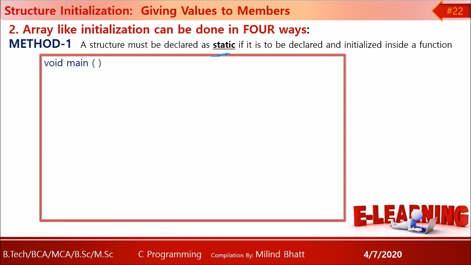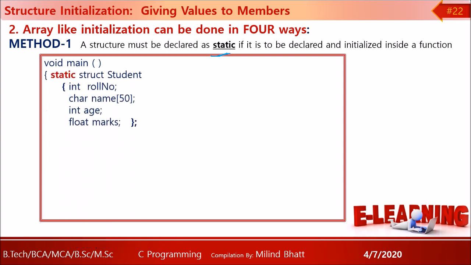Say this is main. I have declared one structure inside that. Its tag name is student, and here I am using the static keyword to make it global.